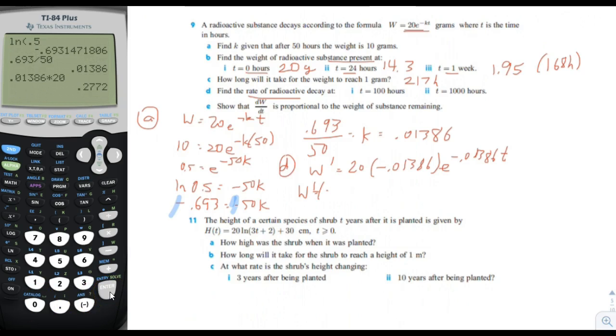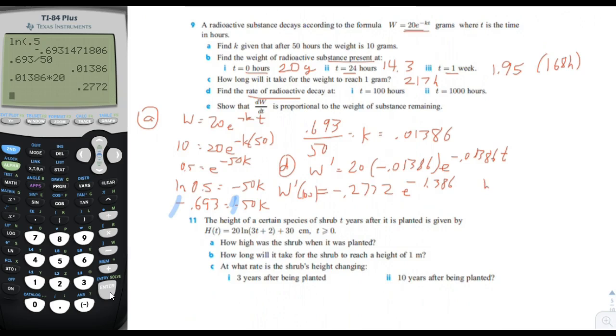So the negative 0.2772, and then I would put e to the negative, and then I'm going to multiply 0.01386 by 100, so it's going to give me 1.386. So that's W dash at 100.